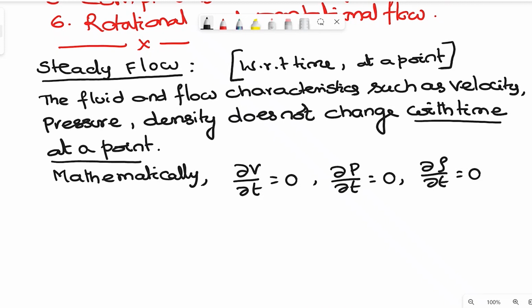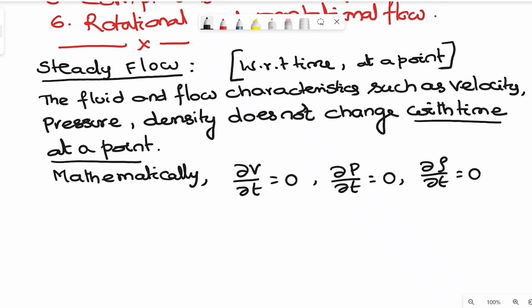At all these times, the velocity should be constant. The velocity should not change with the time at that point. Then we call that flow a steady flow.